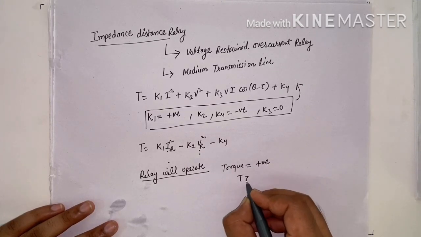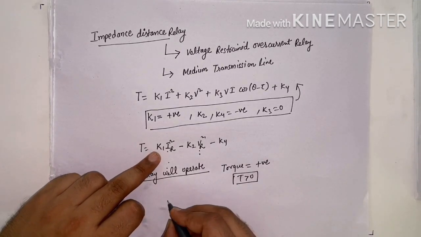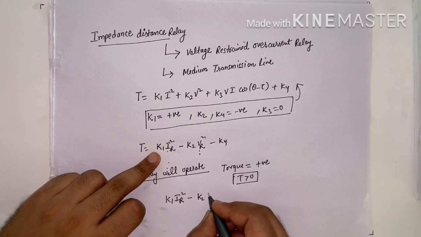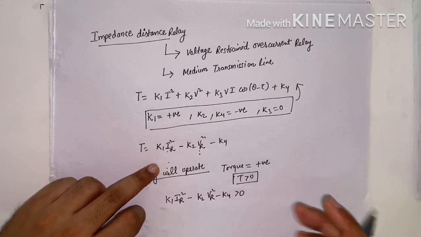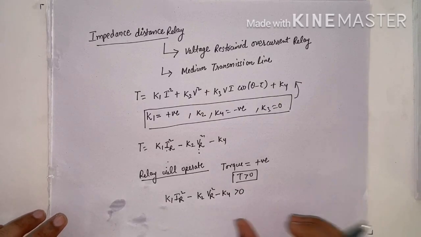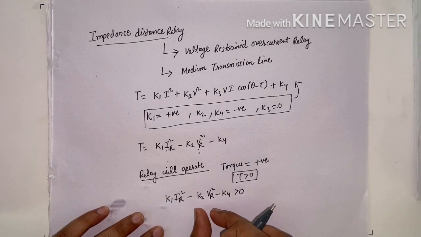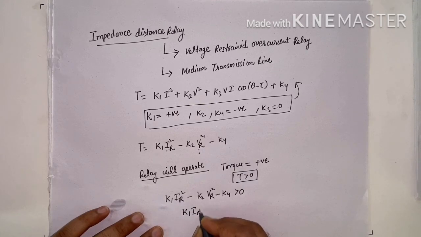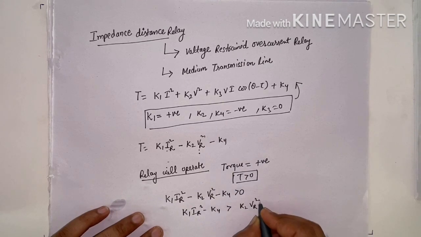So k1 I² − k2 V² − k4 > 0. Now making a rearrangement, if we move k2 V_R² to the right, we get k1 I_R² − k4 > k2 V_R².